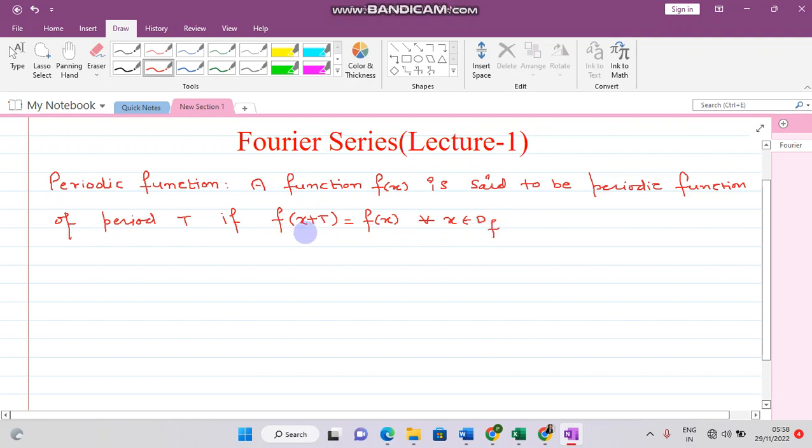By that we mean that this function just starts repeating its values after the period T.